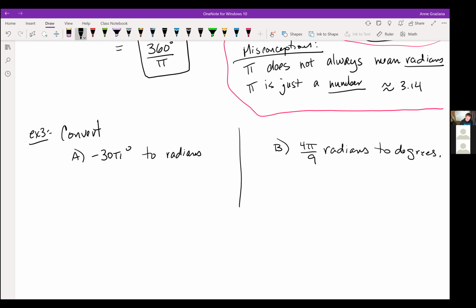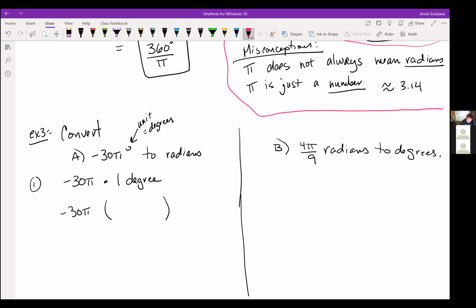Okay, so first, I'm going to write this as negative 30 pi times 1 degree, because that's my unit. Okay, my unit is in degrees. Now I need to figure out what is 1 degree.